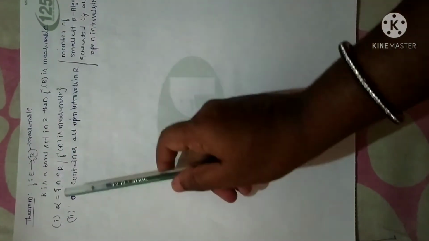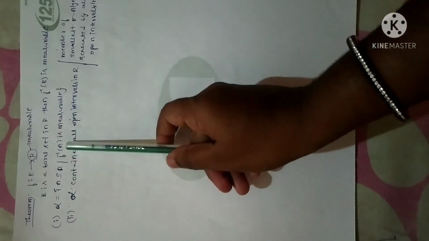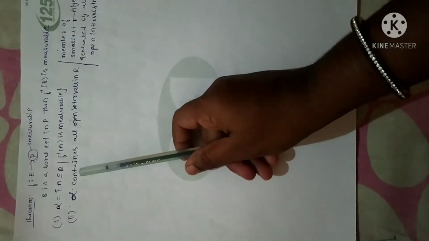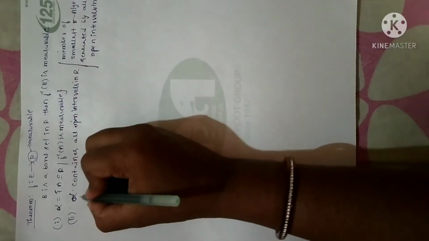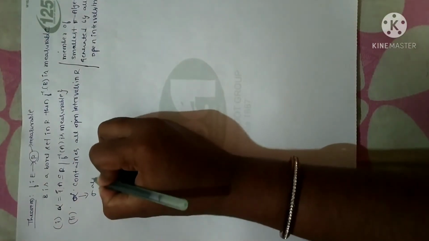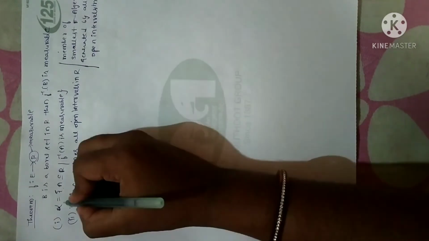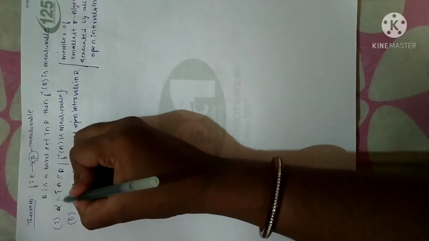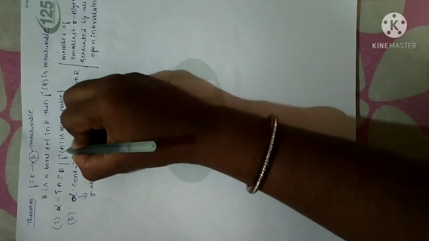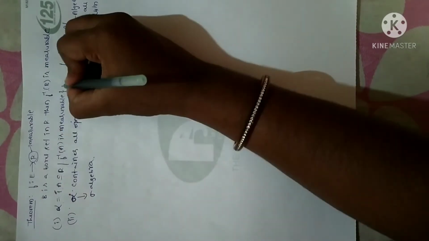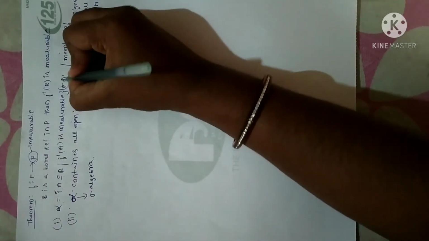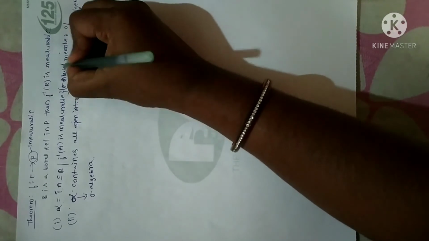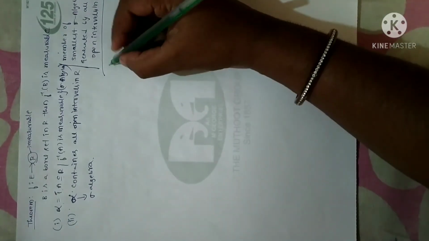In order to prove this lemma, first you have to consider this set, and we have to prove this set is measurable and alpha contains all the open intervals in R. And moreover, remember alpha will be a sigma algebra, and you have to write the statement. I'll send you the notes, don't worry. So I have to prove that this alpha is a sigma algebra. You just remember the concept of sigma algebra.